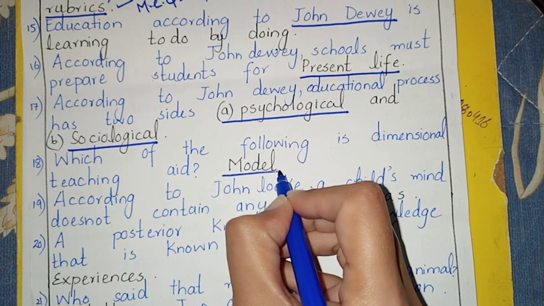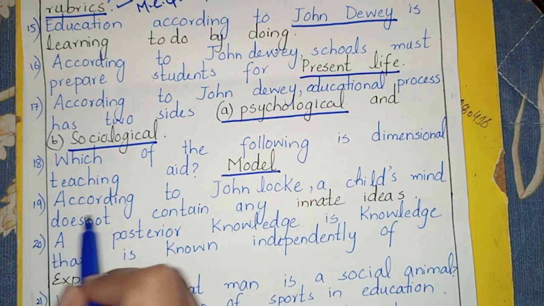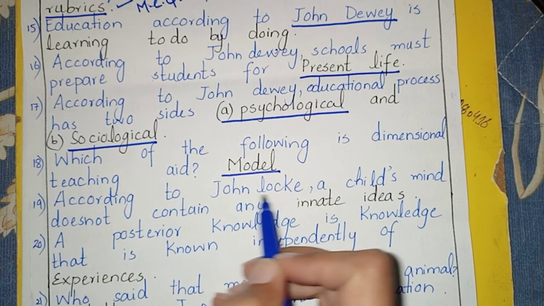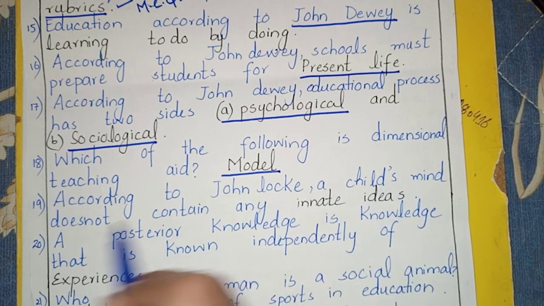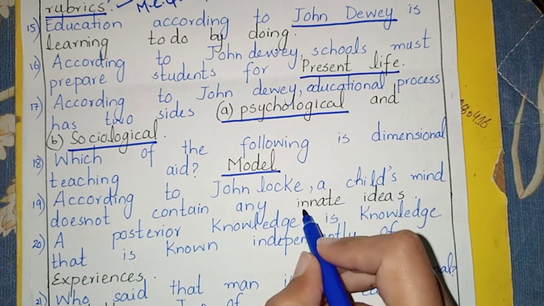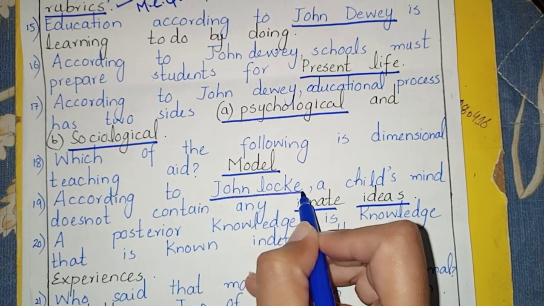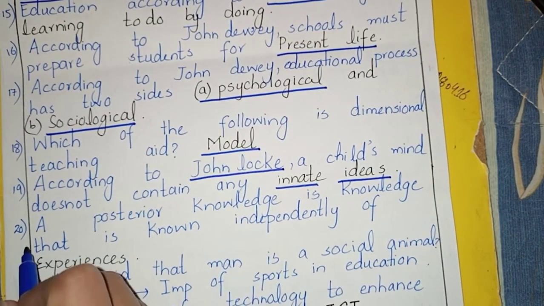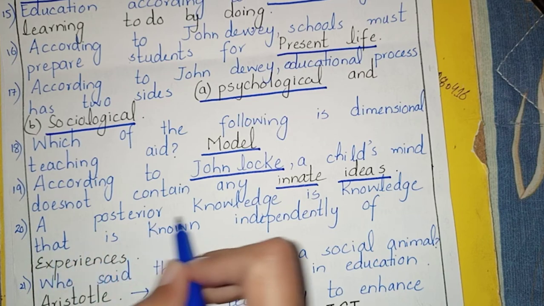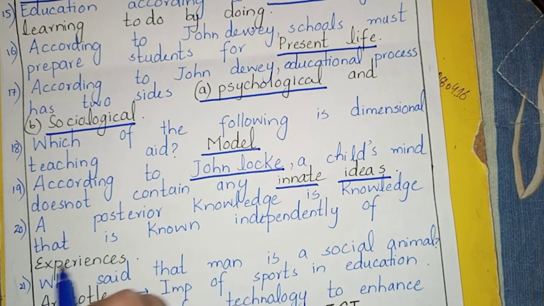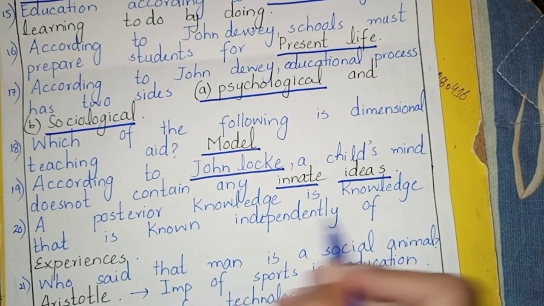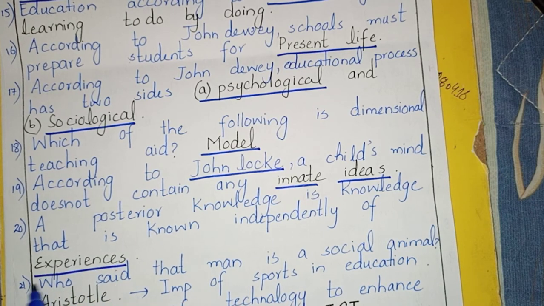That is model. Question number 19. According to John Locke, a child's mind does not contain any innate ideas.